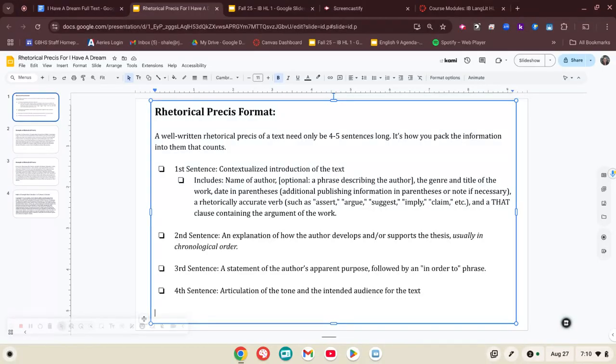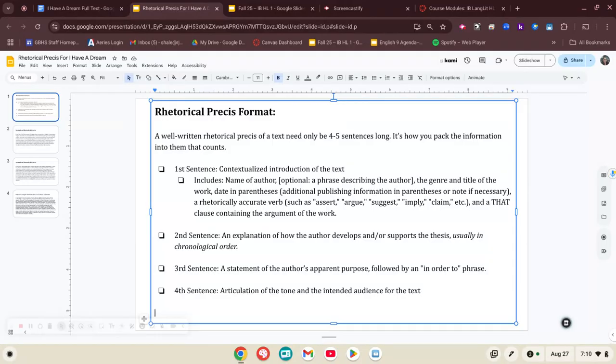So, for example, you could write that Martin Luther King Jr. gave his I Have a Dream speech in August of 1963 to introduce the author, but you could also say Martin Luther King Jr., a highly renowned civil rights activist, delivered the speech I Have a Dream in August of 1963. And that section where I said, a renowned civil rights activist, is optional information. You're not required to have it.